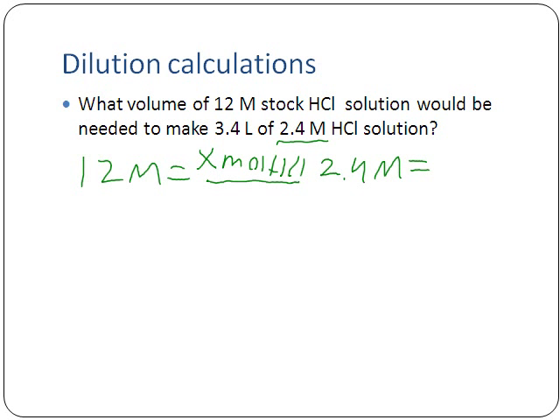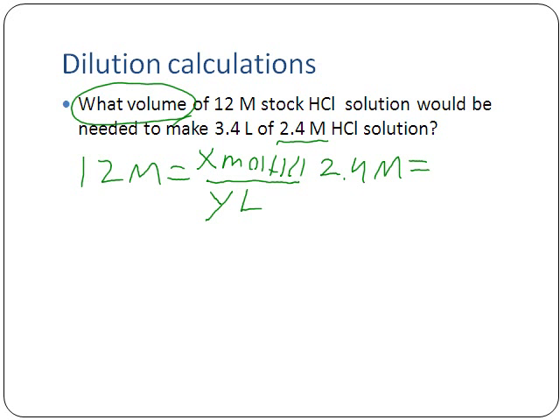So how many liters of the 12 molar solution do we have? Well, looking at this, in fact, we don't know. In fact, it's a question. What volume? That's what we're looking for. And so we're going to call this Y, and we'll say Y liters on the bottom here. So 12 molar solution equals X over Y.